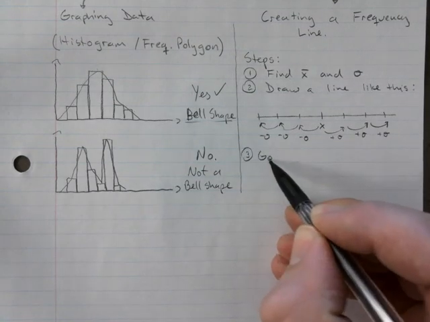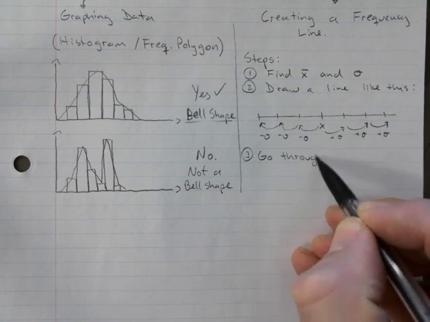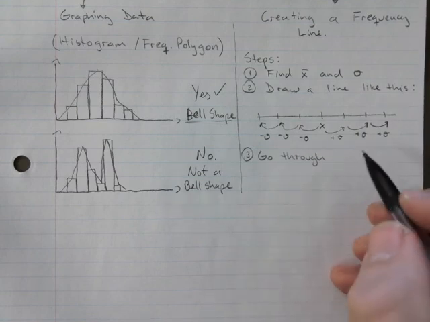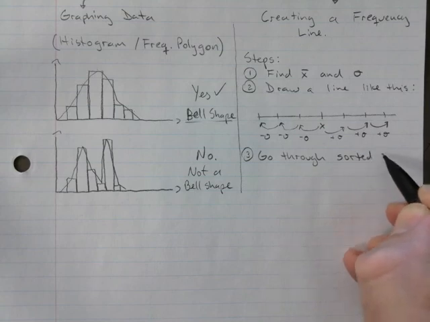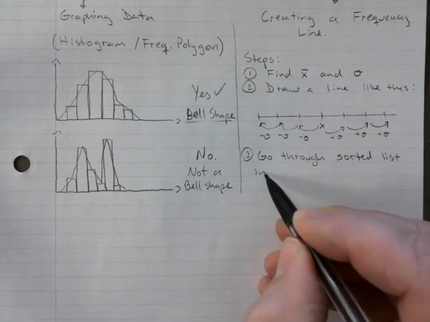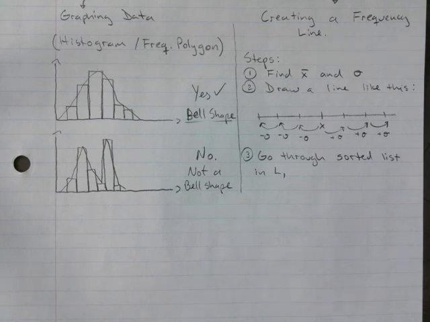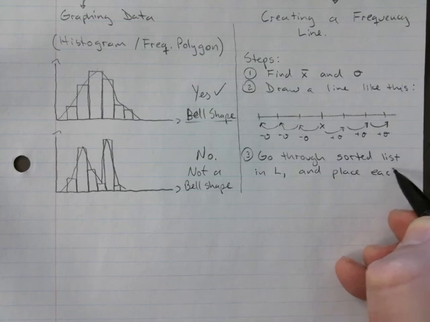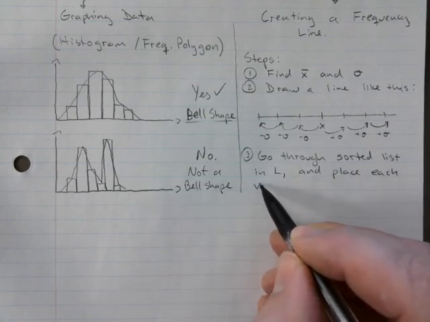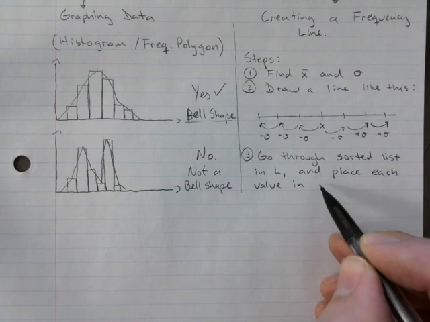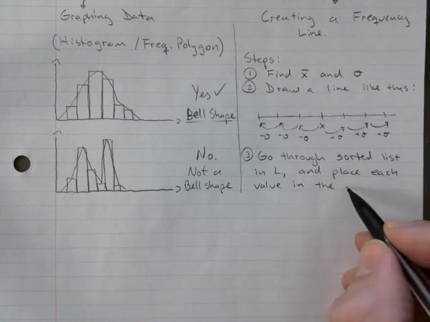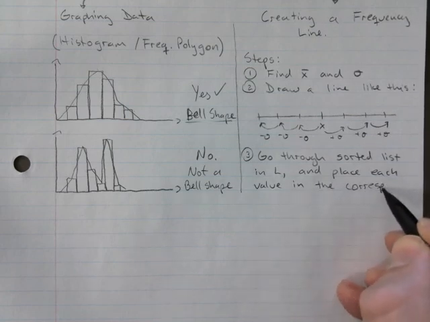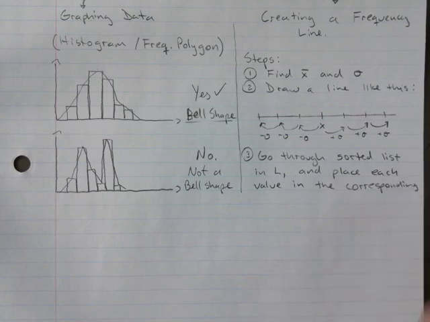Then you go through the sorted list in L1, let's say. It could be in L2, L3, doesn't matter, but it should have been sorted. And place each value in the corresponding interval.